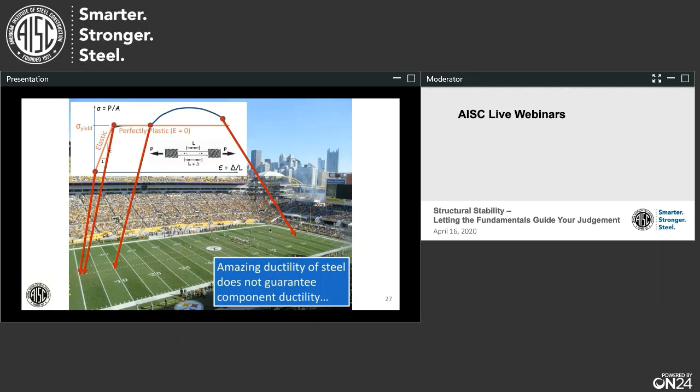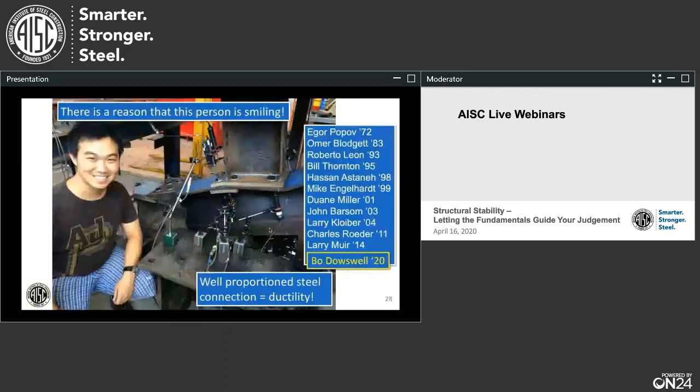The problem is just because you've got a material like steel that has all this ductility doesn't guarantee that any component you design with it will have the same amount of amazing ductility. And so I'd like to just jump to this slide. Now, I could show you old historic photos of fracture connections, but today we've come a long way.